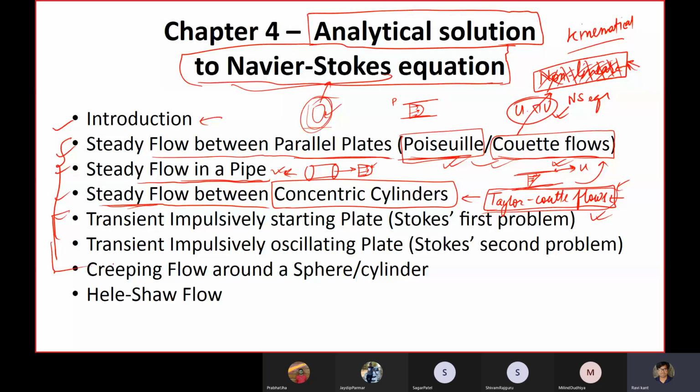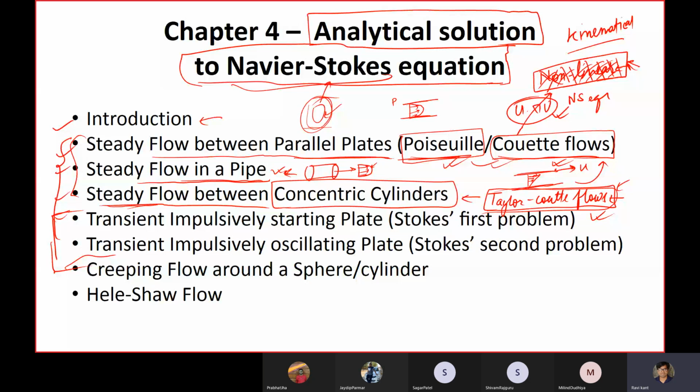Next, we will take up some transient cases as well. So far, we have talked about steady cases, but we can also seek the analytical solution of the Navier-Stokes equation transiently.